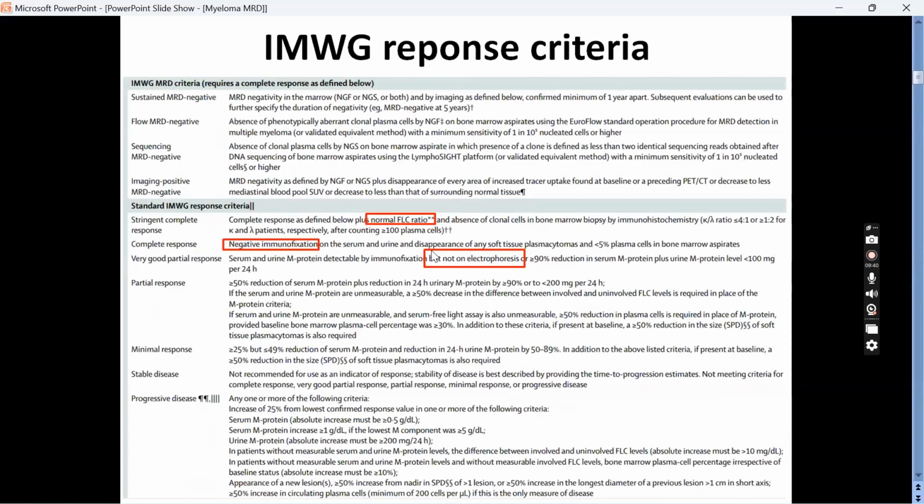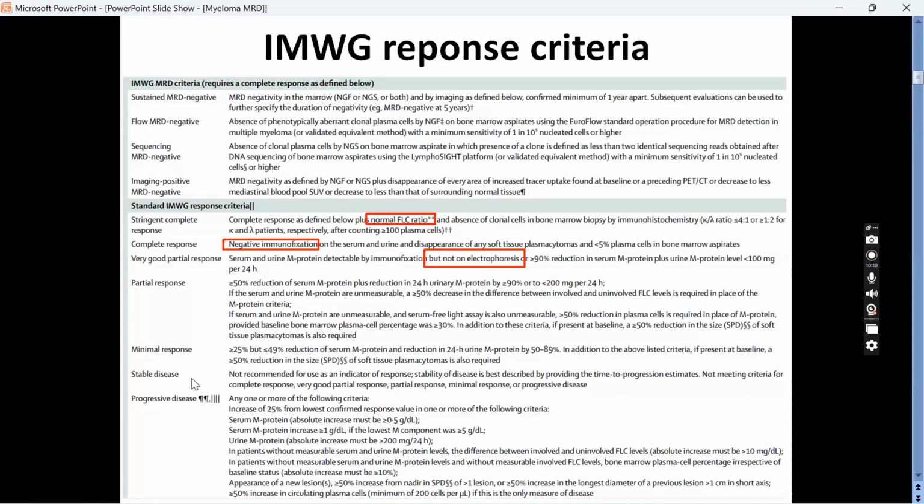Now, this is very, very important. This is the International Myeloma Working Group response criteria. This is a recent response criteria established by the International Myeloma Working Group. They said the response is assessed as progressive disease, that is, the disease is not responding to your treatment as desired, or on the other hand, it is progressing, so it is becoming worse.